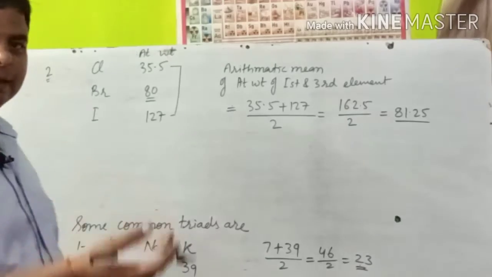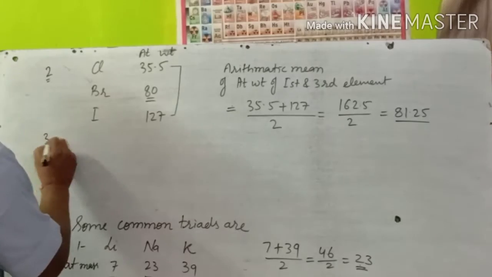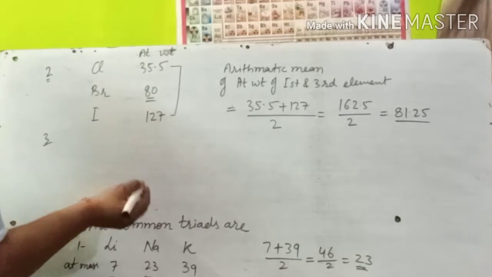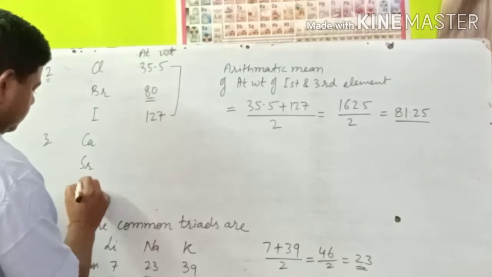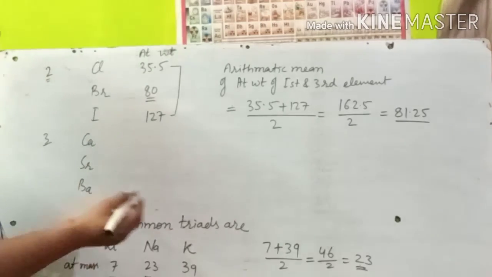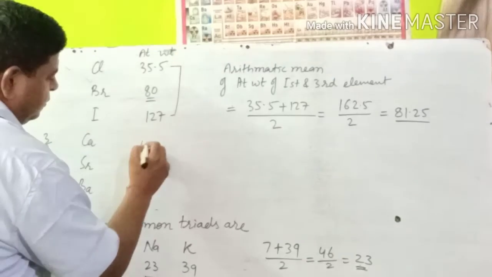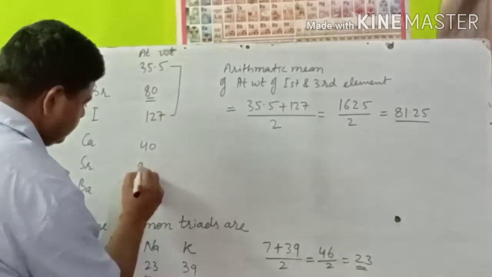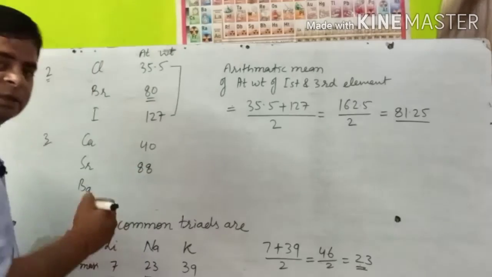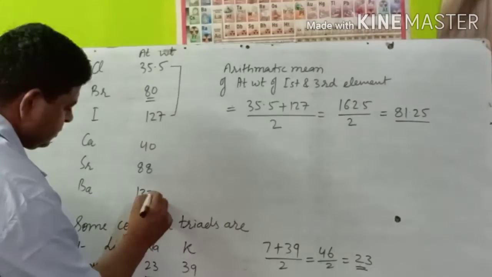Other triads are the third triad, calcium, strontium and barium. The atomic mass of calcium is 40, strontium is 88 and barium is 137.